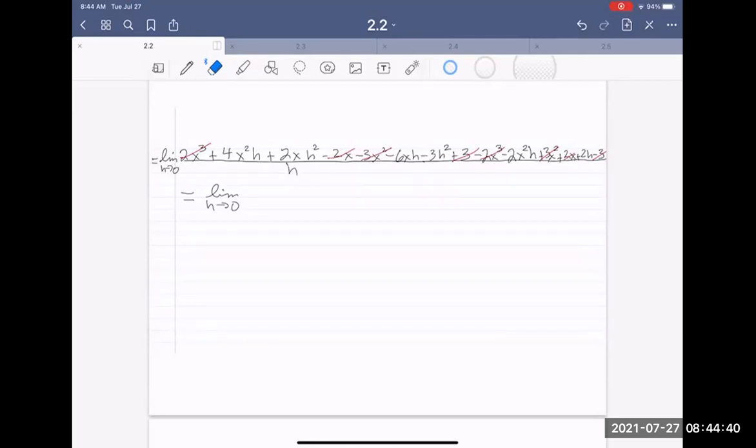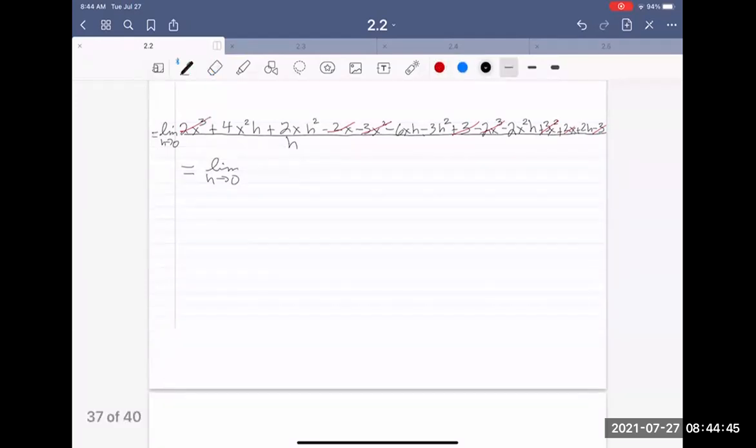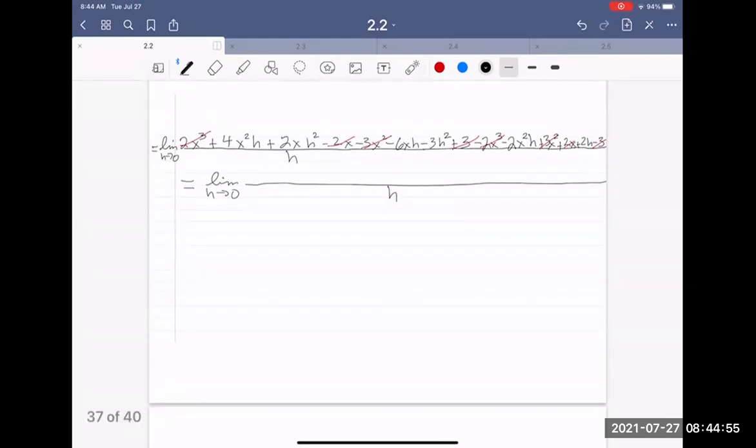Okay, so this is equal to, I should be able to fit everything now. 4x squared h minus 2x squared h is 2x squared h.